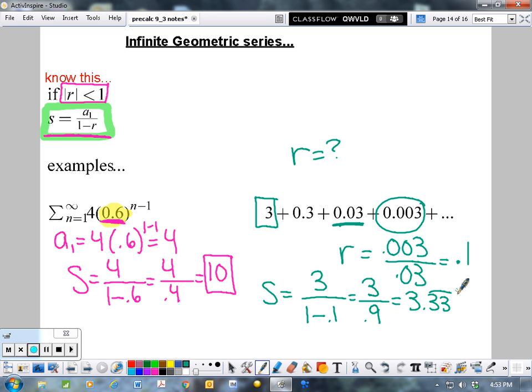And when we think about it, this is 3, and then I added on a 0.3, and then a 0.03, and then a 0.003. As I keep going, I keep adding on another 3 at the end. So it really tells us something we could have figured out just by looking at it. But if we couldn't tell just by looking at it, what's the way we could go about doing that?